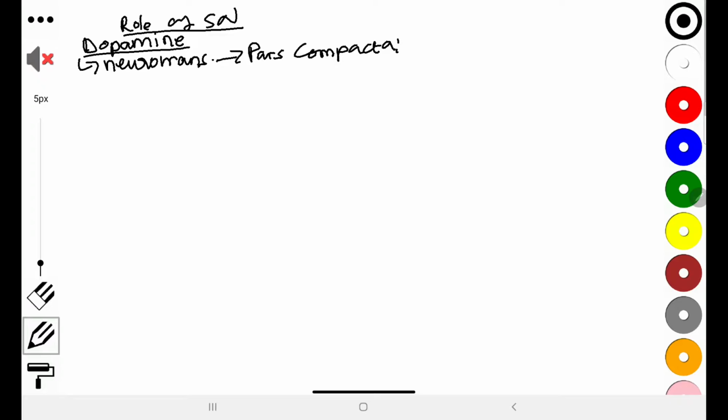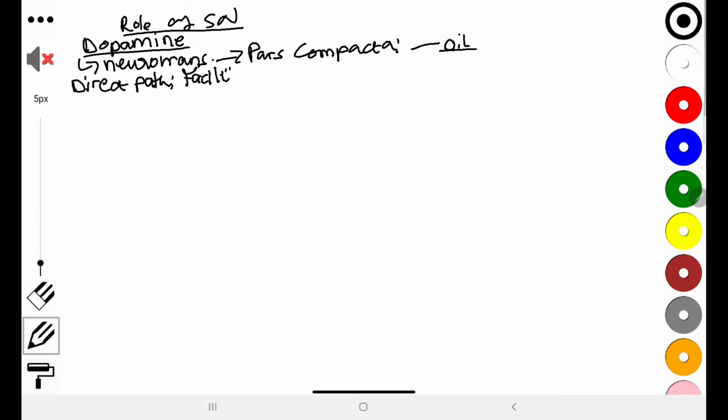Another thing that you should know is that its function is to oil the two parts that we have talked about. So if we talk about the direct pathway, what it does is it actually facilitates.